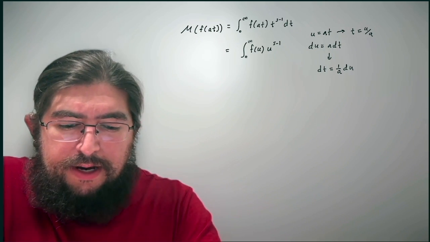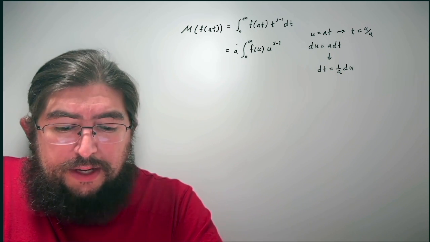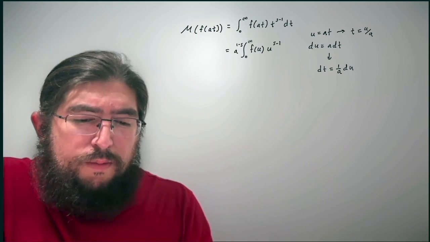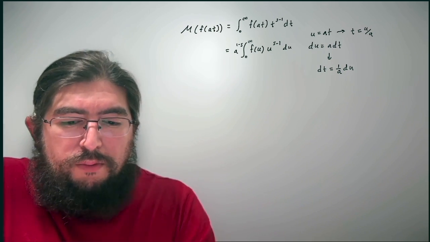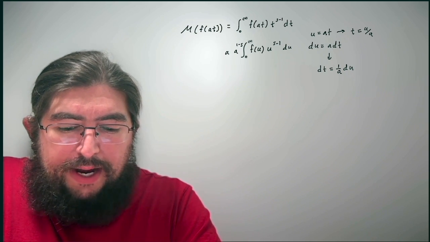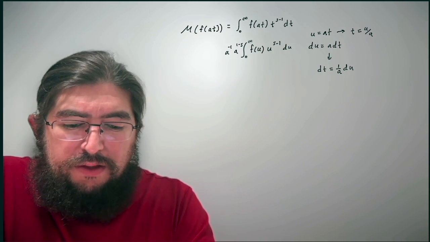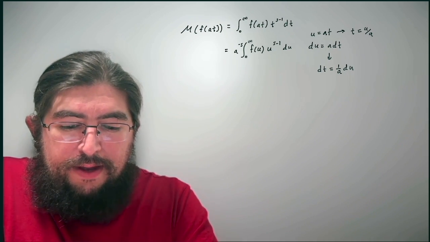It's in the denominator, so we can take this as a to the negative power, a to the negative (s minus 1), which is 1 minus s. And then dt again is 1 over a du, but pulling that out, I'll write a to the negative 1. And the powers add so that those 1's cancel out, and we just end up getting this.